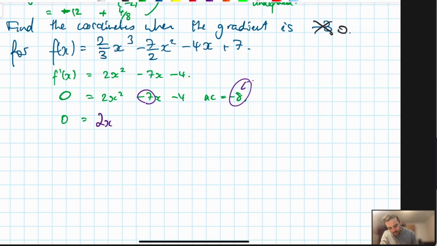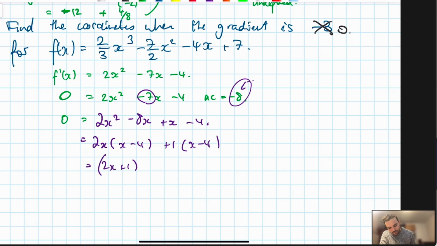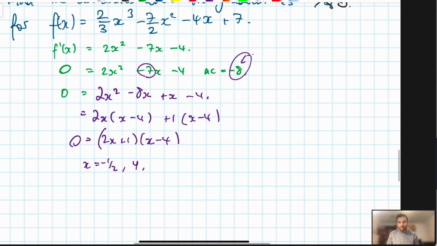So let's break that up. Factorize in pairs. And then factorize again. Then solve. Okay, and then we can find those coordinates by subbing in. Okay, and we can just do that using a calculator.